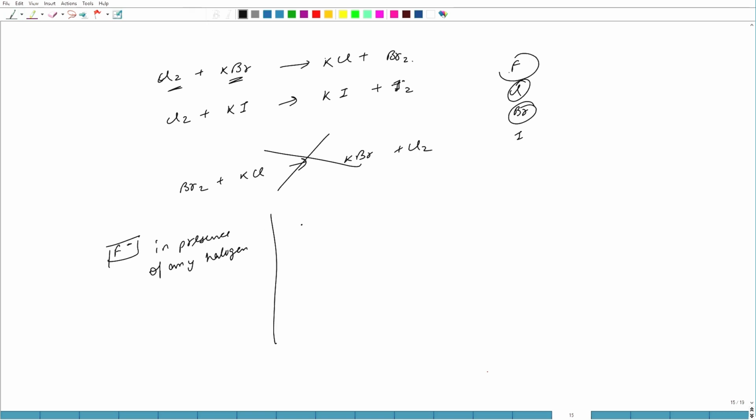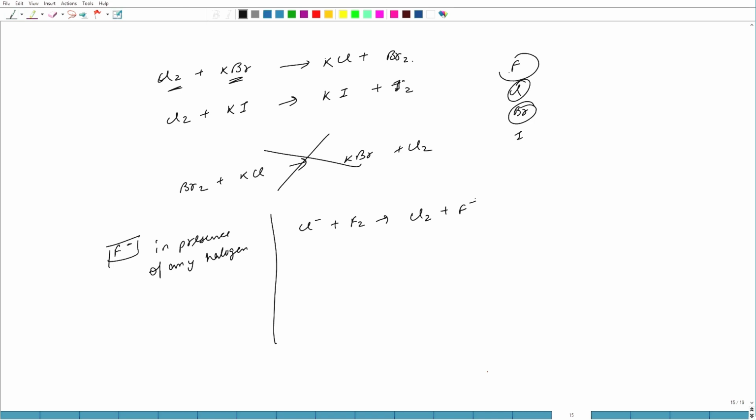Okay. Chlorine minus can react with bromine minus, react with iodine minus to form, or chlorine in presence of fluoride only it can form the chlorine gas, Cl2, because fluorine is a more oxidizing agent.